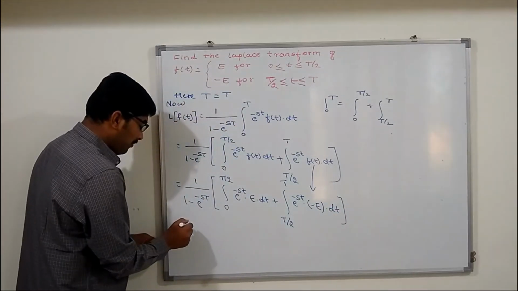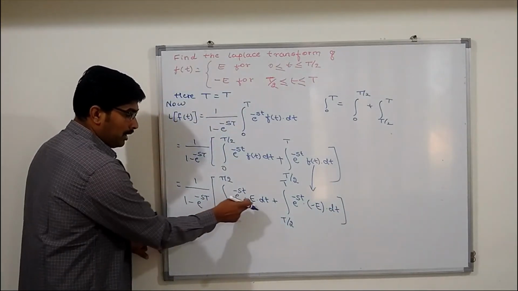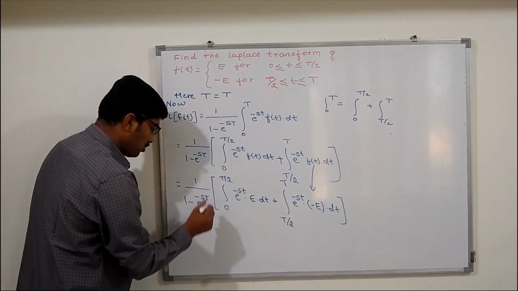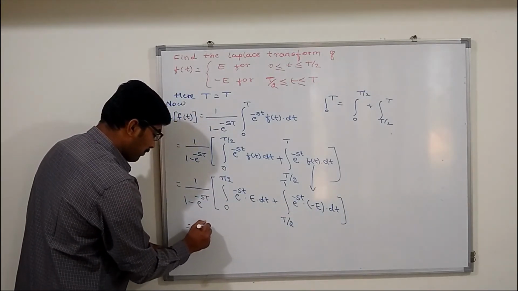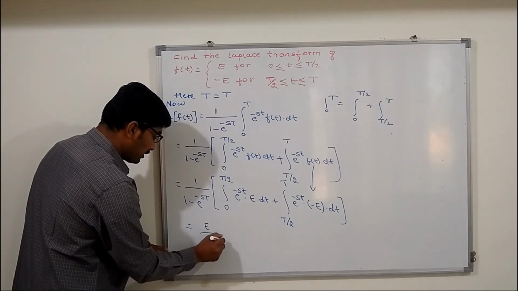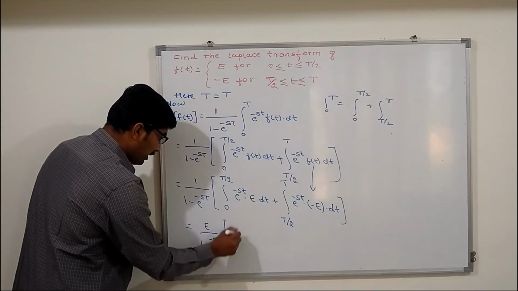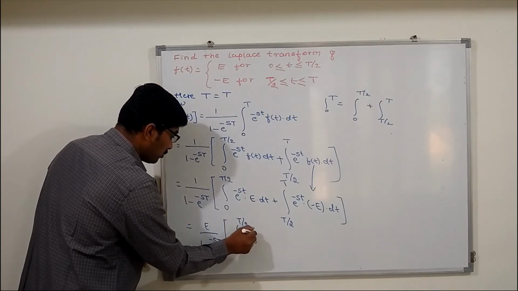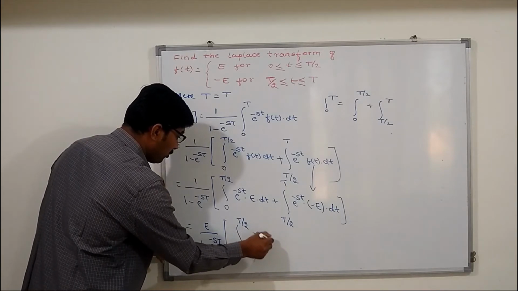Now here you can take E outside, and here also you can take E outside. So we are left with capital E divided by 1 minus e raised to minus sT, into bracket, integration 0 to T by 2 e raised to minus st into dt.